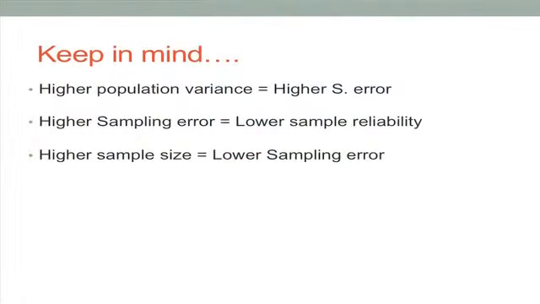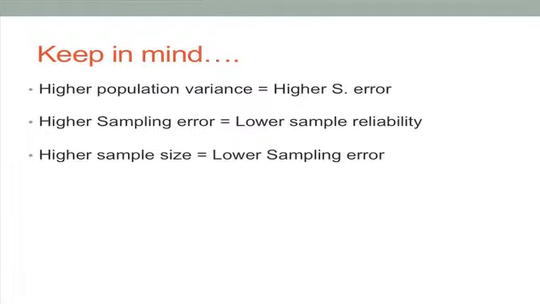Now when you select any sample for your research study, you have to keep certain things in your mind. What are those things? If there is high population variance, there is high sampling error. What does it mean? Variance means variation.